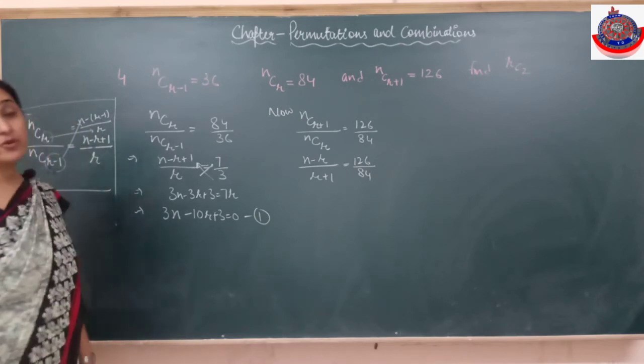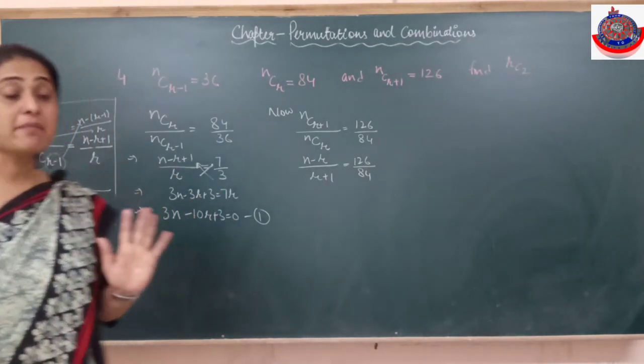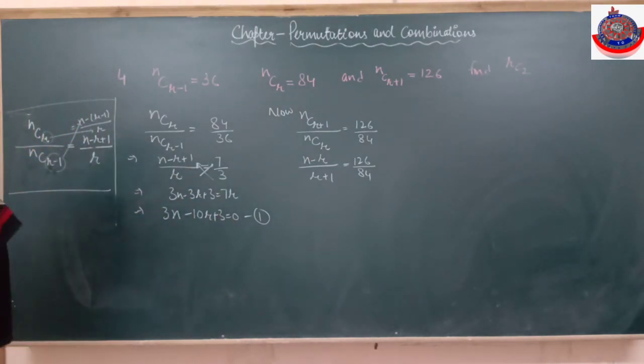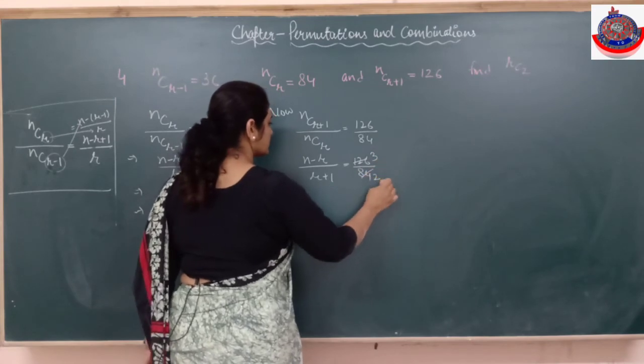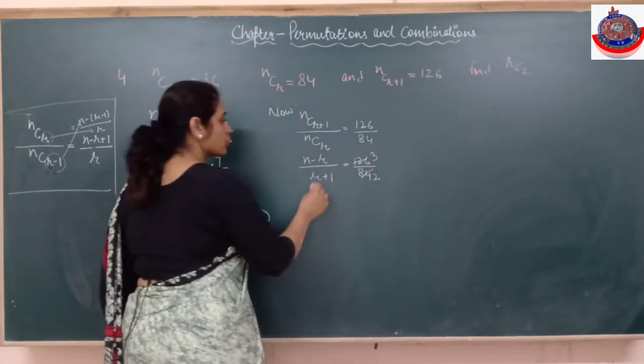If you are not able to remember, you just open it and solve it, but that becomes a little lengthier. Alright, so 126 by 84 is equal to (n minus r) upon (r plus 1). Cancel it. Fine, solve it.